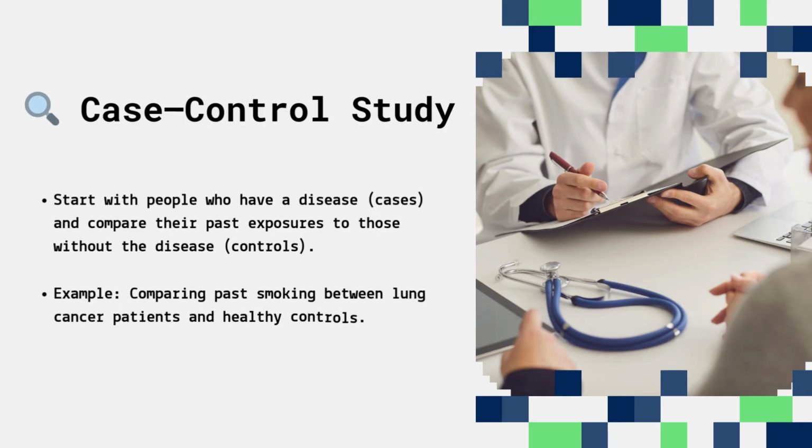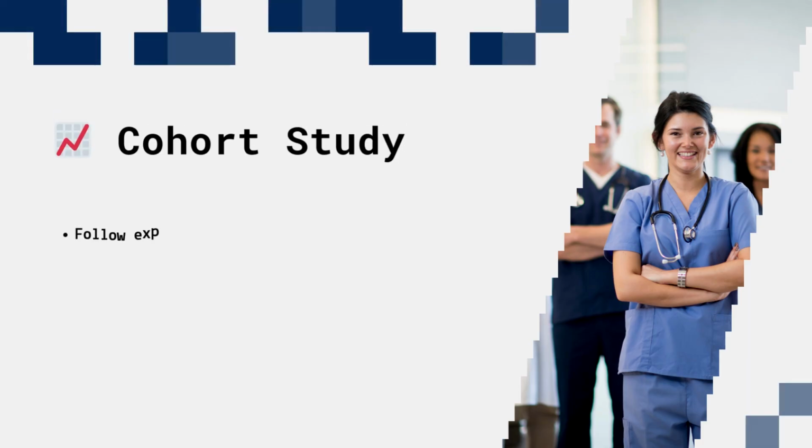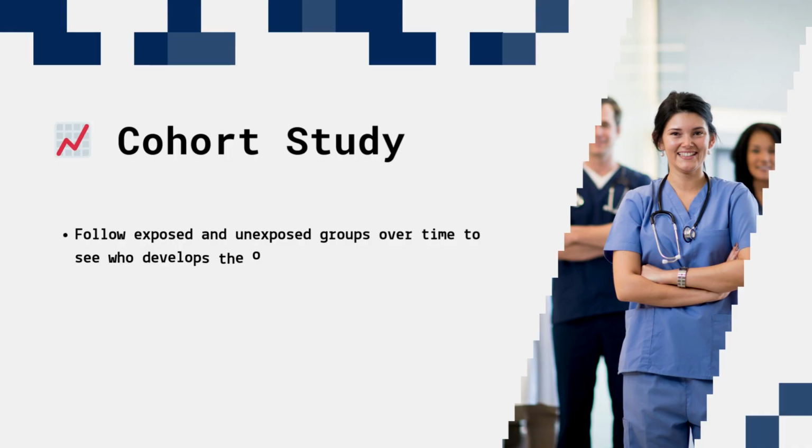They are efficient, but they come with challenges: recall bias, since patients may misremember past exposures, and selection bias, depending on how controls are chosen. By contrast, a cohort study starts with exposure and follows forward to see outcomes.